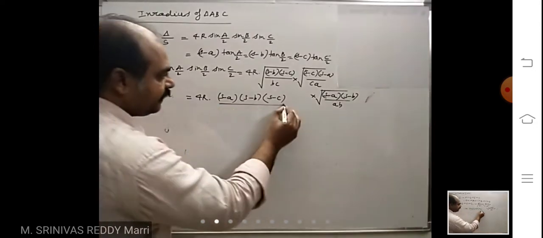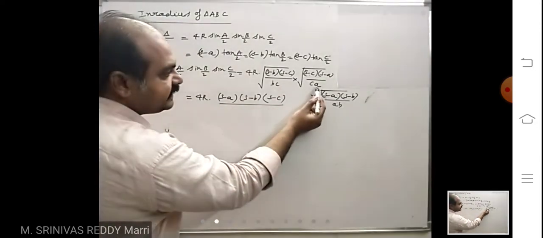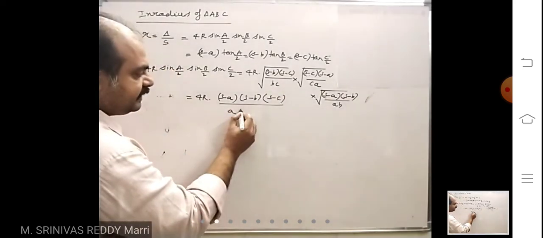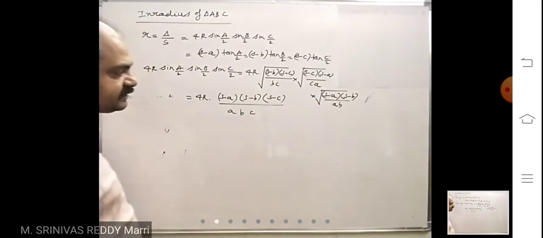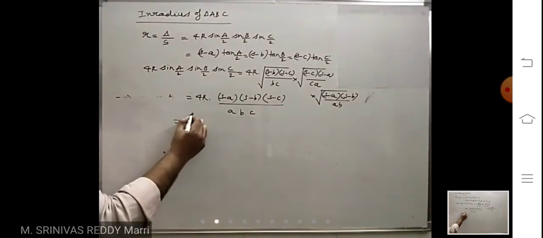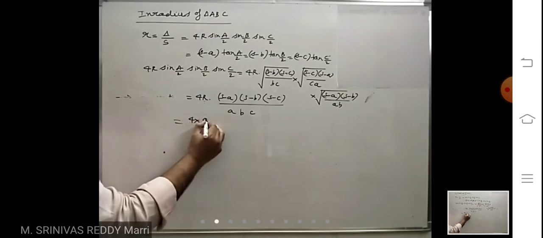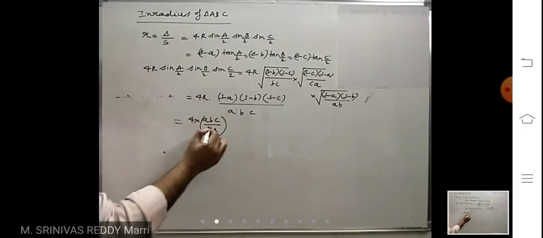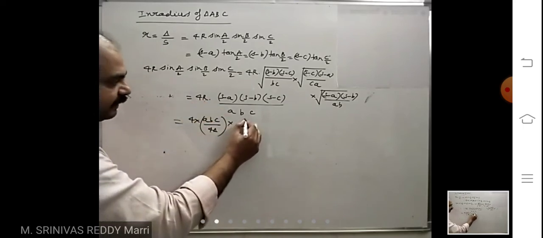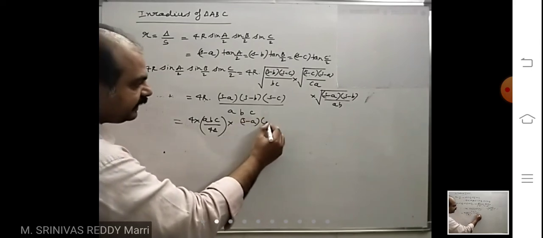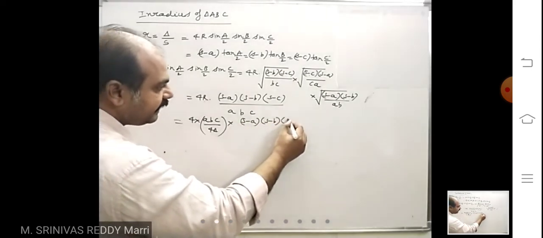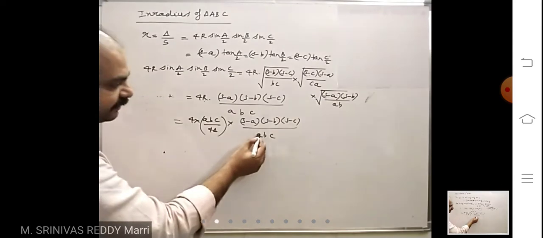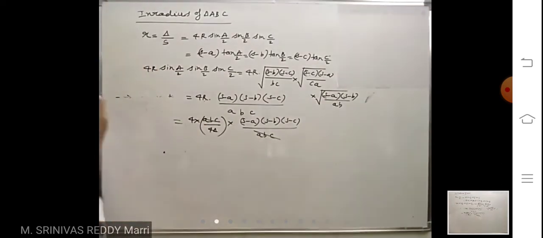This you will get divided by A square, that means A, B square, root means B, C square, root means C. Right? Now if you substitute the circumradius formula, capital R is ABC divided by 4 delta. Then S minus A into S minus B into S minus C divided by ABC, that means ABC will get cancelled.